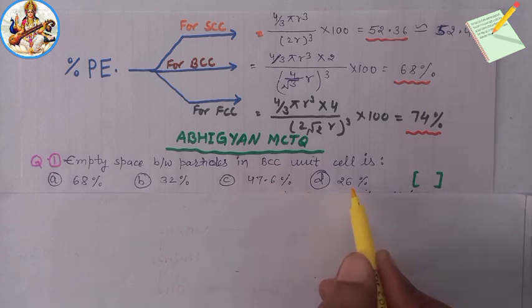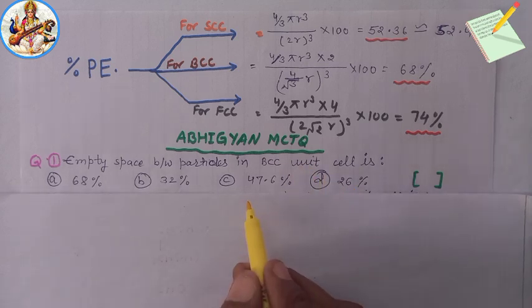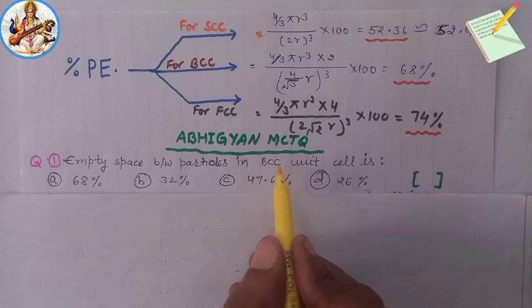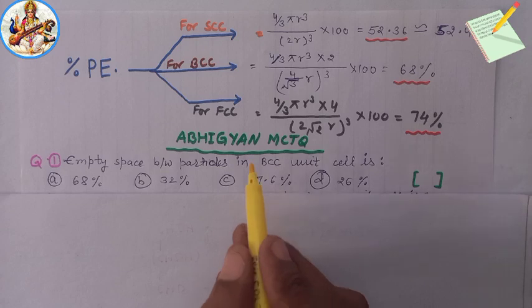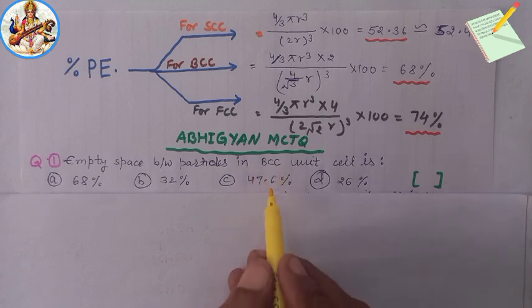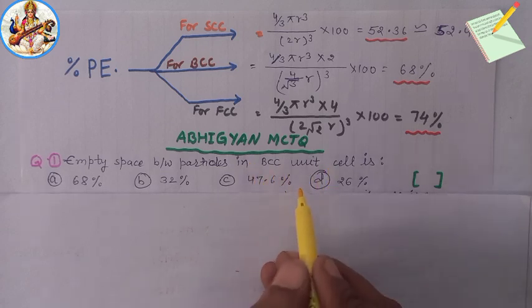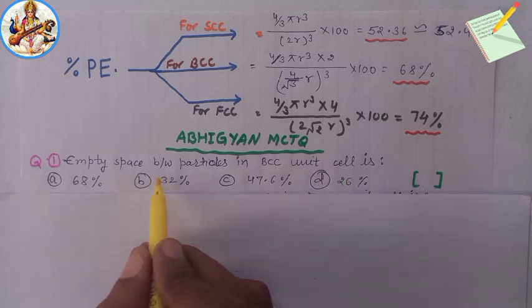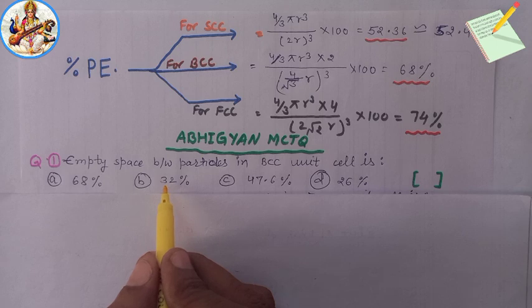So solution will be, we know that packing efficiency of BCC structure is 68%. Therefore, empty space between the particles is 32%. 100 minus 68 is equal to 32%. So answer will be option B, 32%.